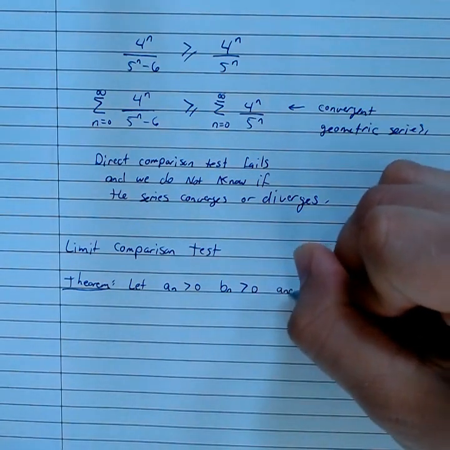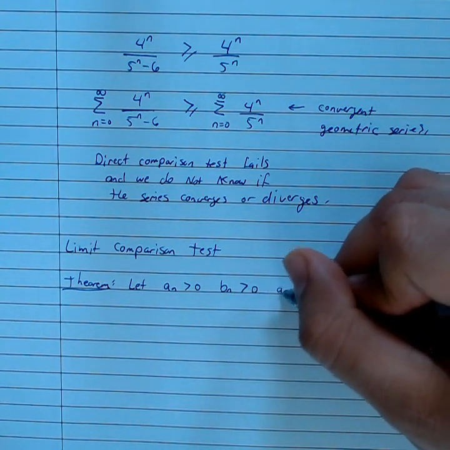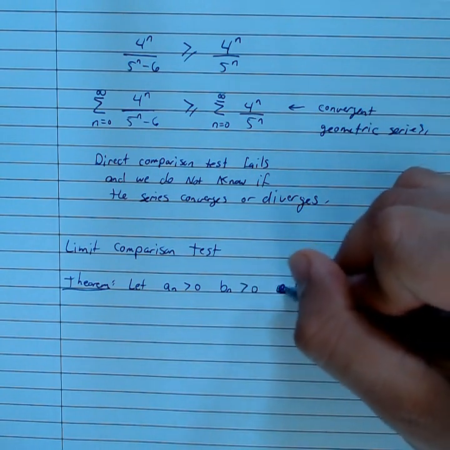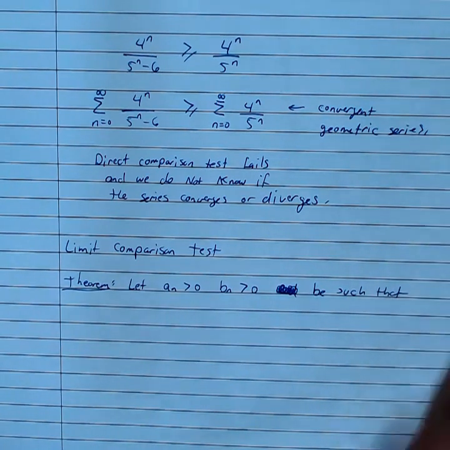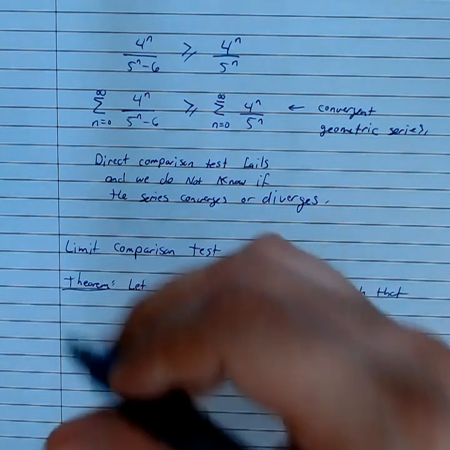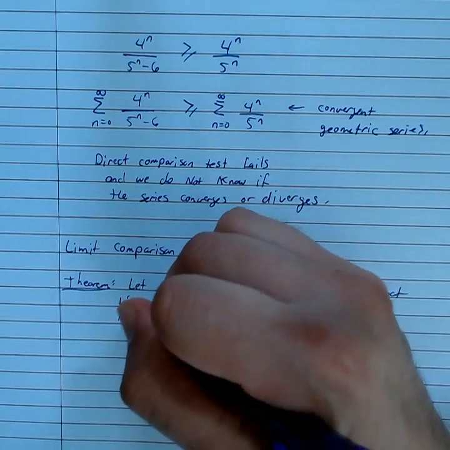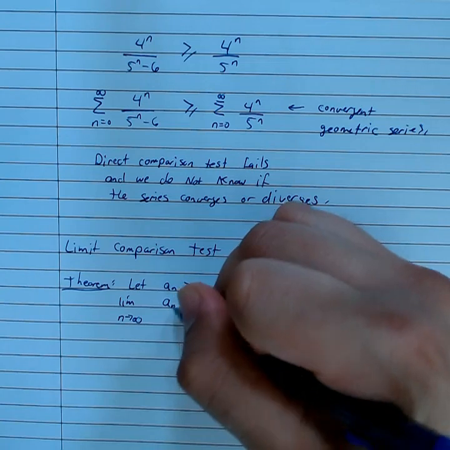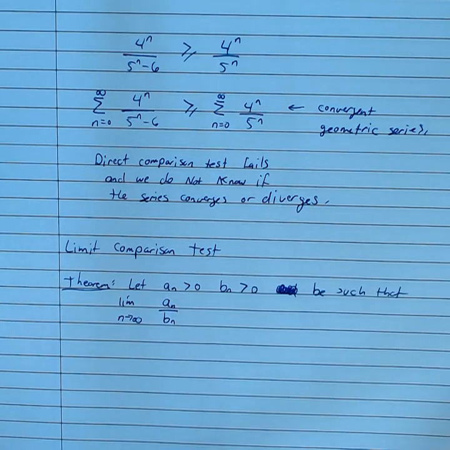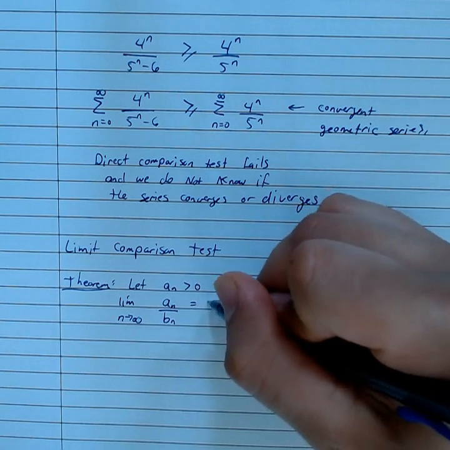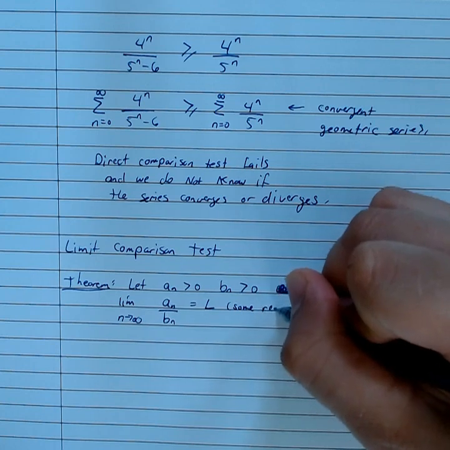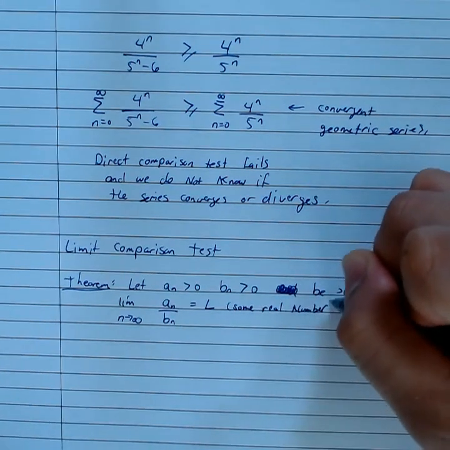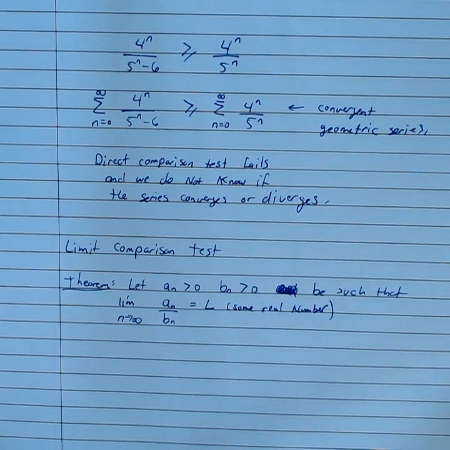And let them be such that the limit as n approaches infinity of the quotient of these numbers is equal to L, which is just some finite number. That's some real number, where L is positive and finite.